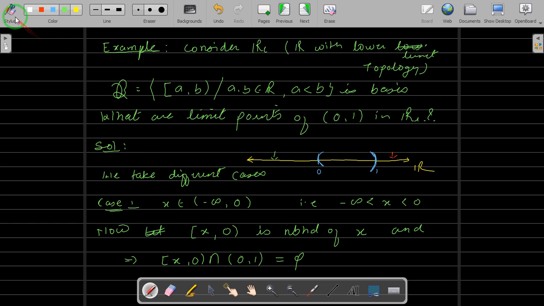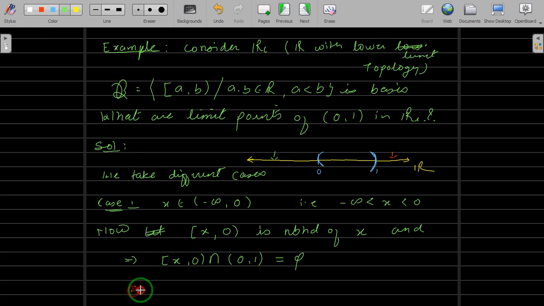Therefore x is not a limit point of the open interval (0, 1). So any point less than 0 is not a limit point.